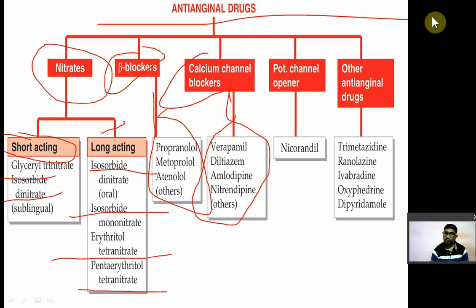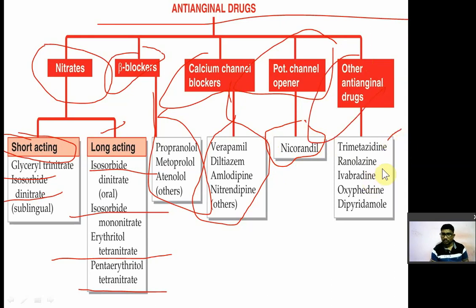Next class is the potassium channel openers. Nicorandil, minoxidil, pinacidil are the drugs. Other anti-anginal drugs are trimetazidine, ranolazine, ivabradine, oxyphenonium, and dipyridamole. Dipyridamole is an anti-platelet agent.